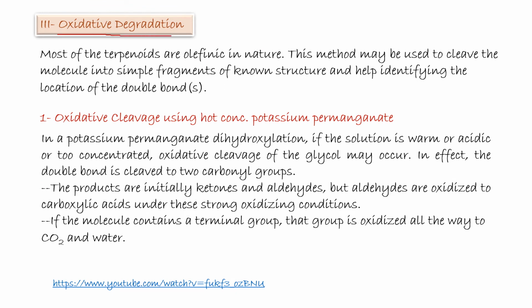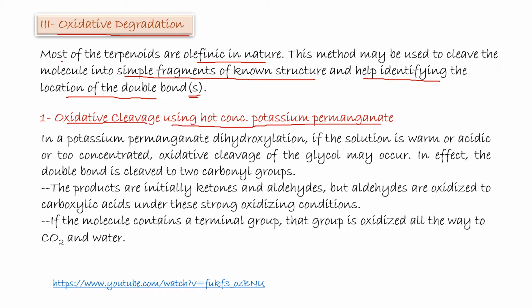Oxidative degradation method. As we know that most of terpenoids are olefinic in nature, and this method may be used to cleave the molecule into simple fragments of known structure and help identify the location of the double bond or double bonds if we have more than one. Well, oxidative cleavage using hot concentrated potassium permanganate.